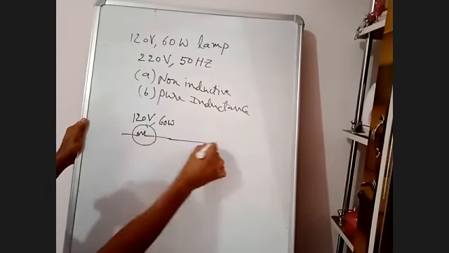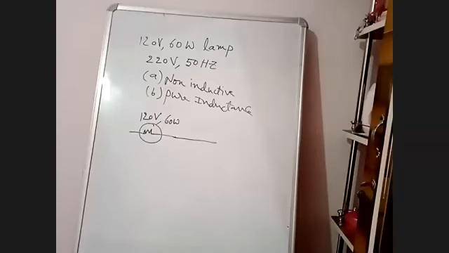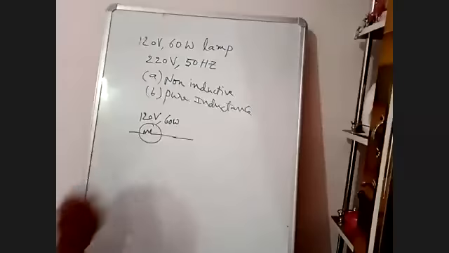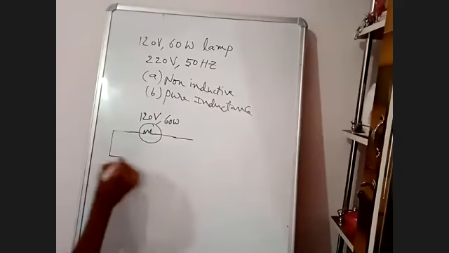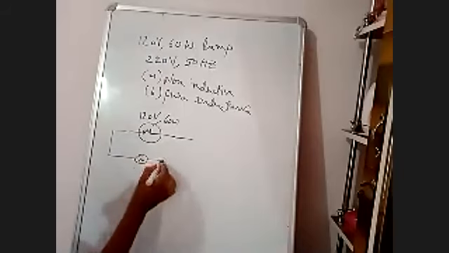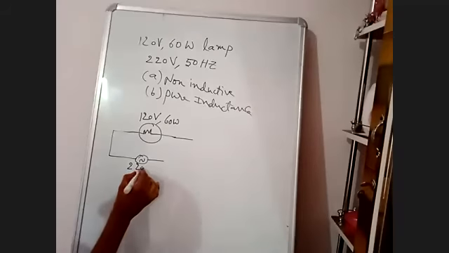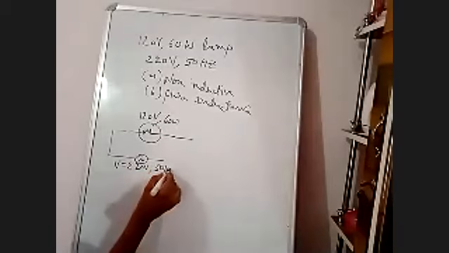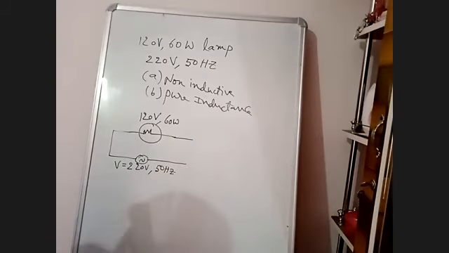Lamp voltage is 120 volts. The lamp is operating at 120 volts, 60 watts. And this lamp is connected across an AC voltage of 220 volts, 50 hertz. Frequency of this AC source is 50.